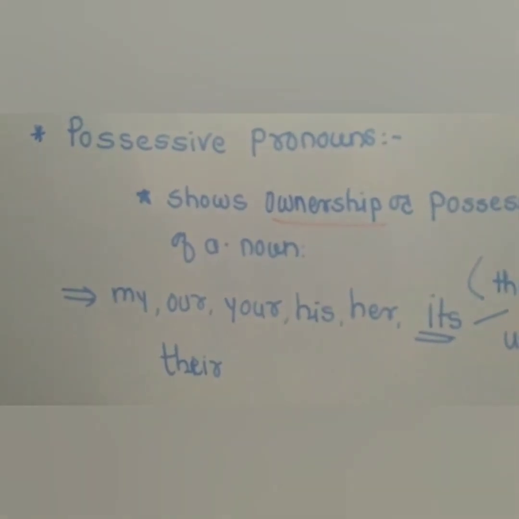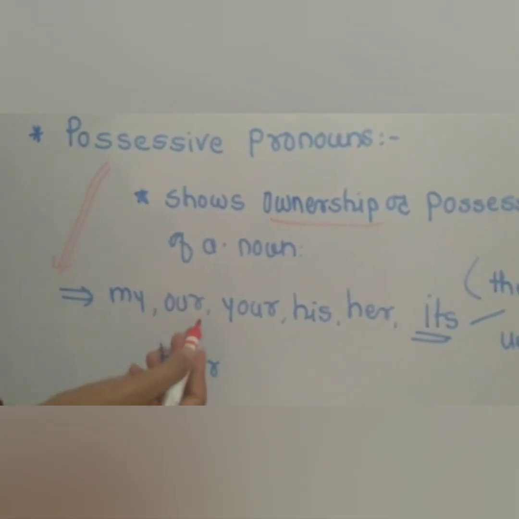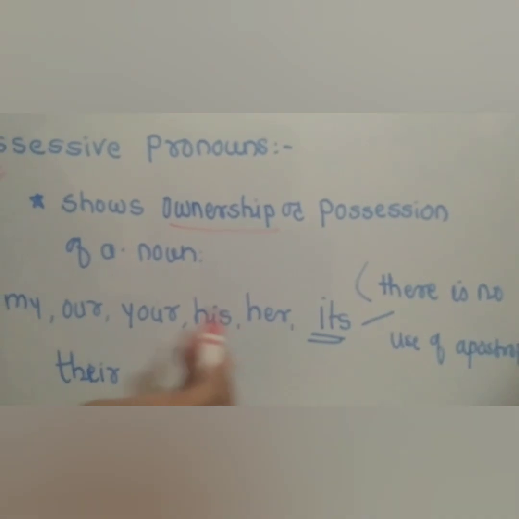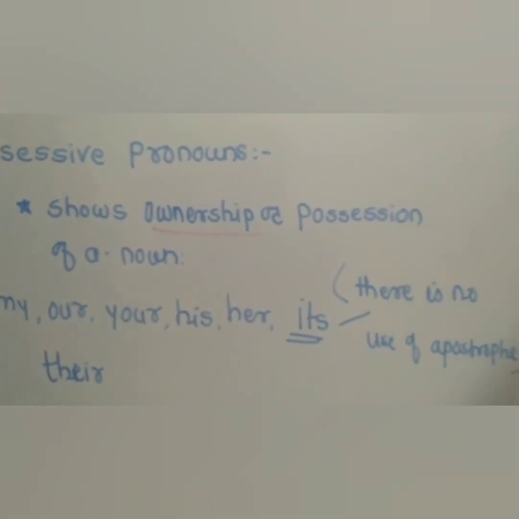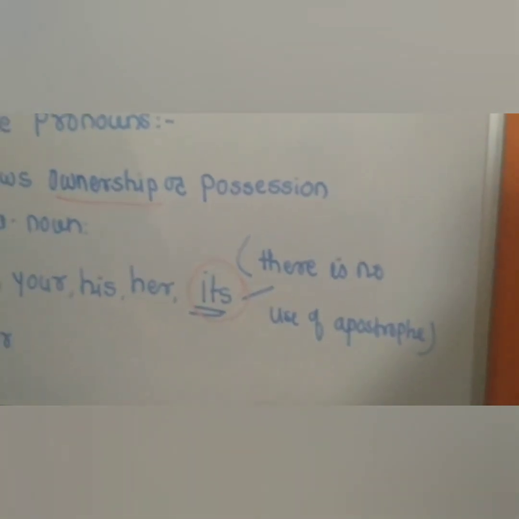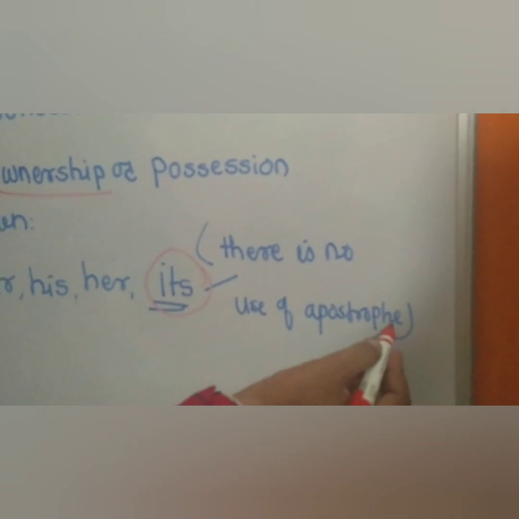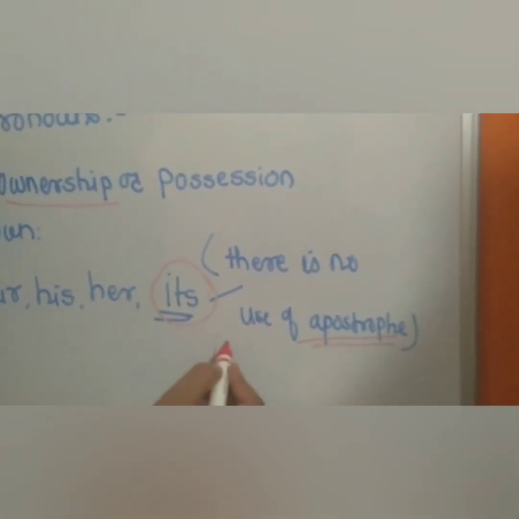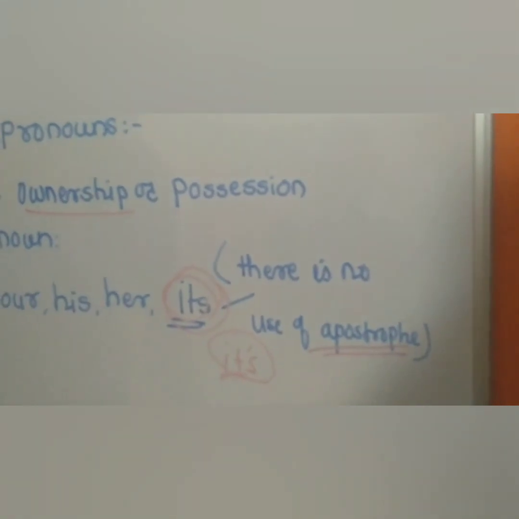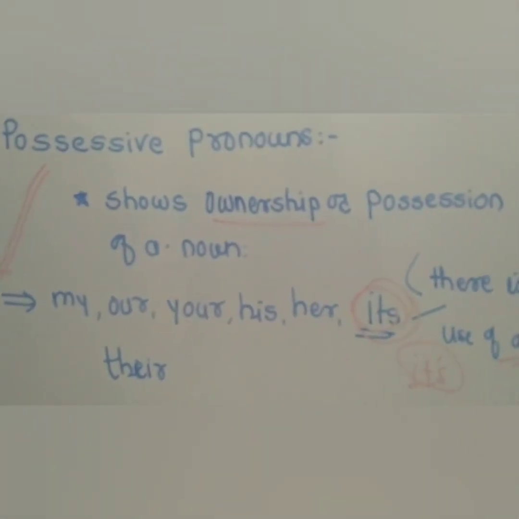The possessive pronouns are my, our, your, her, his, their, its. Dear students, note down one important point: don't use an apostrophe here. Its is not written with an apostrophe; we write it simply as its. So these are the possessive pronouns.